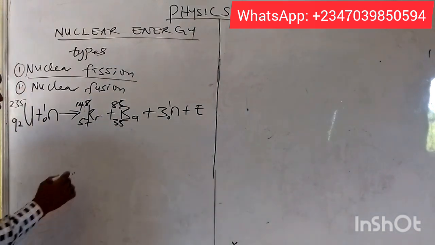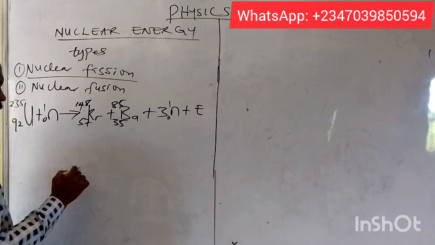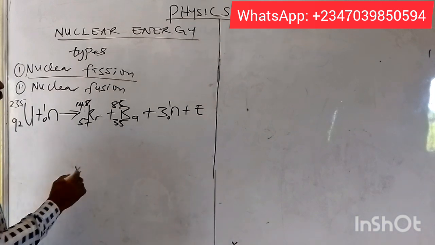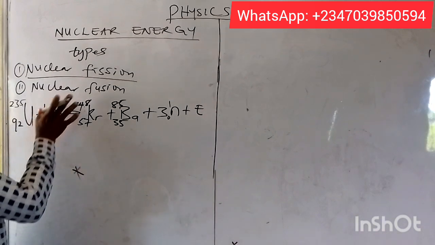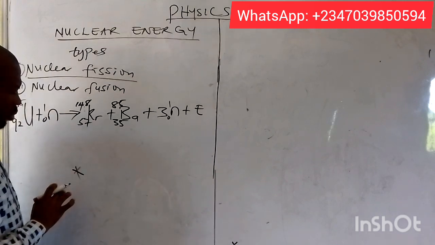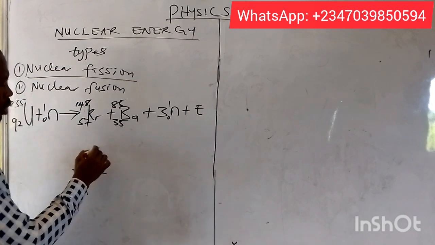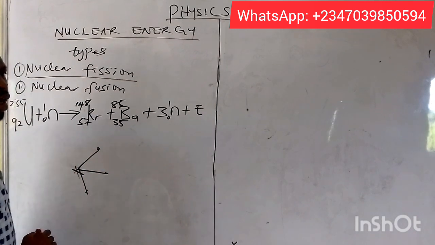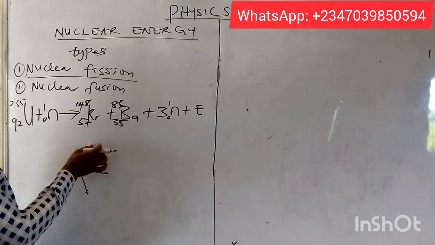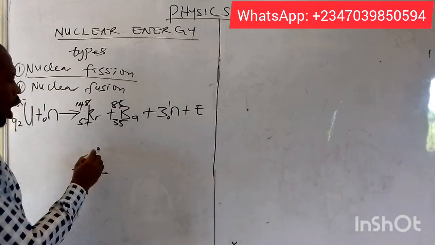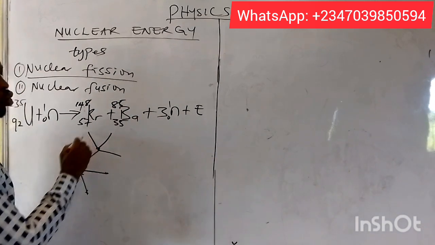For example, assuming we have this element X, and then during nuclear fission, 3 neutrons are produced. This is a neutron here, this is a neutron here, this is a neutron here. Now, if this one neutron hits another element, 3 neutrons will be produced.